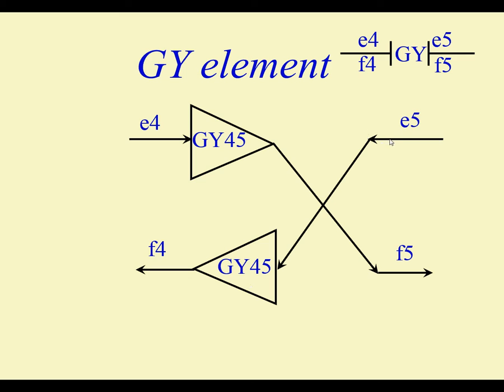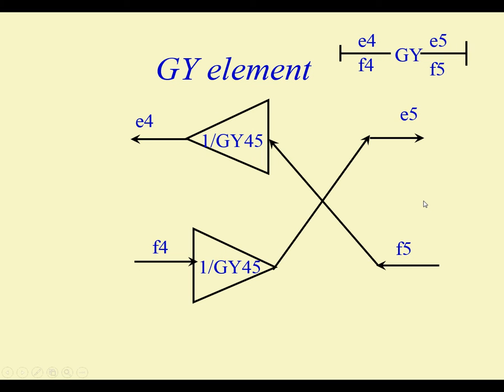Like the effort in this case comes in and gets transformed into a flow. The other one, from here, effort, then multiplied, then you're going to have E sub 5, F sub 5. This is the other kind.